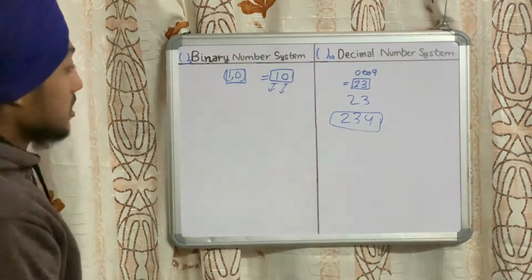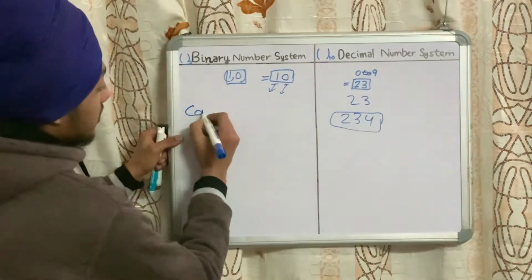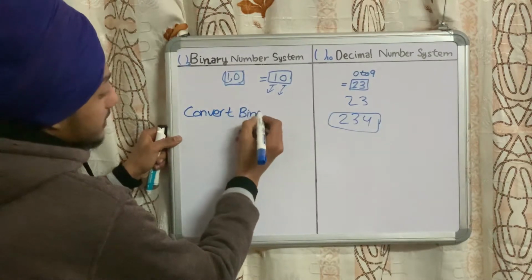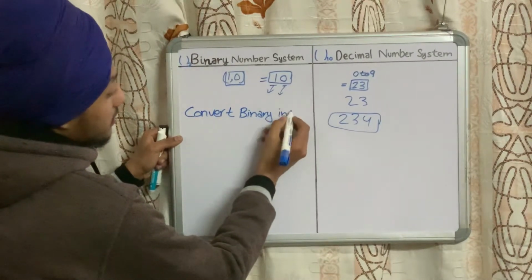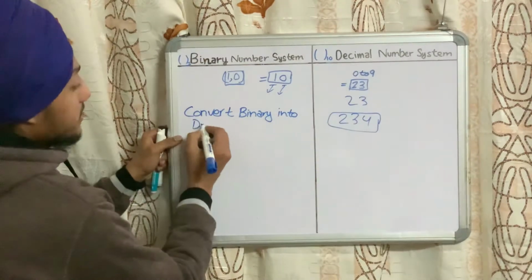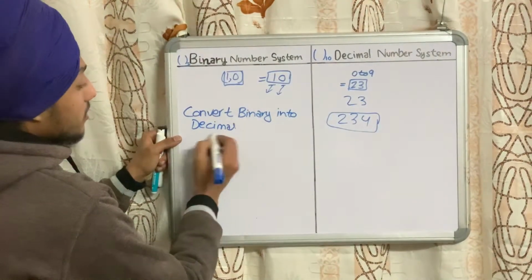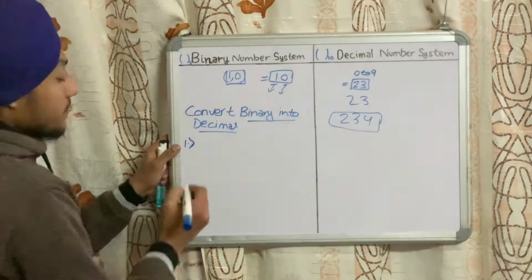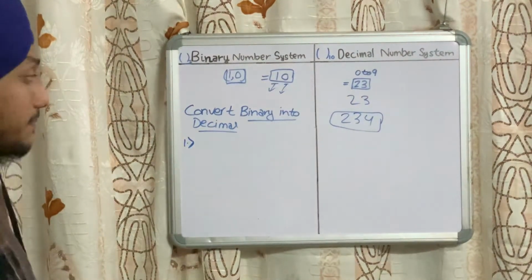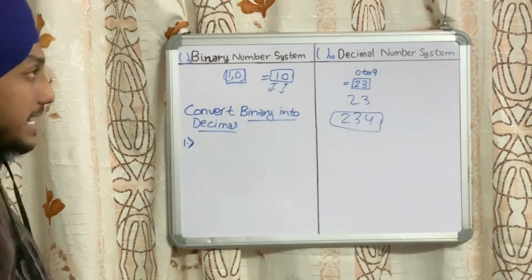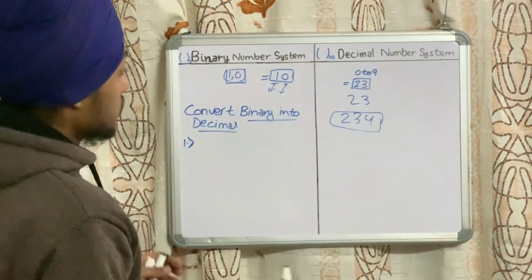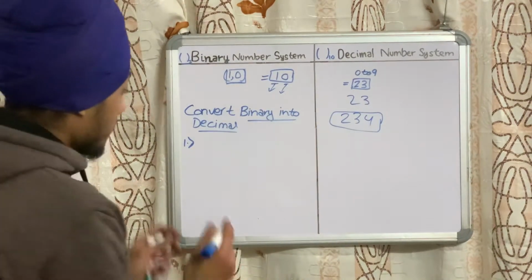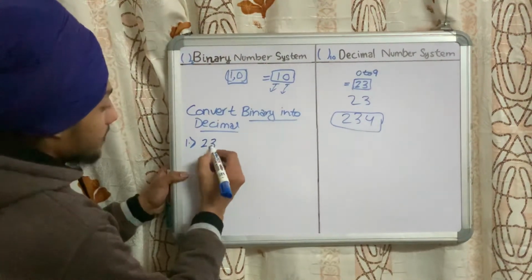So let's begin. First of all, we are going to convert binary into decimal. Before we know the binary number system, we must know that it indicates powers of 2. Let's take an example of 23.